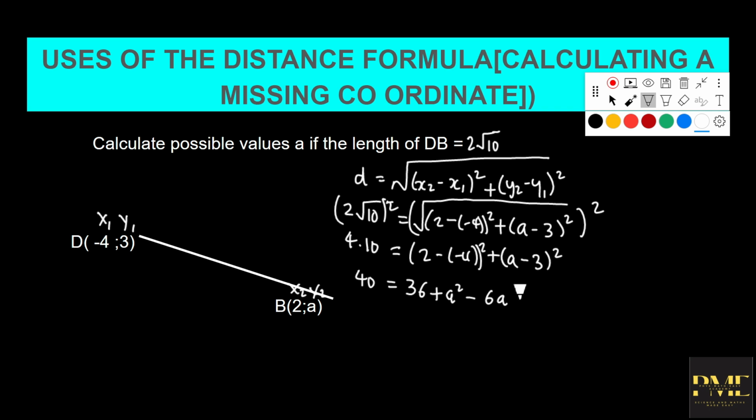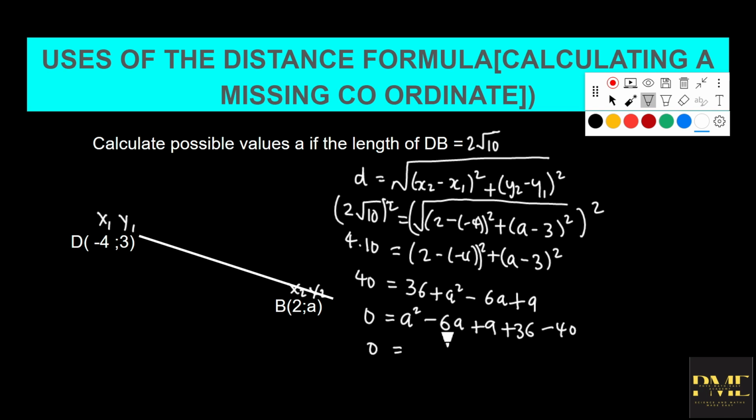Negative 3 all squared is positive 9. After this, let's put everything together. Let me start with a on this side and move all the numbers across. So I will have 0 equals a squared, minus 6a, then finally the numbers: positive 9 plus 36 minus 40.